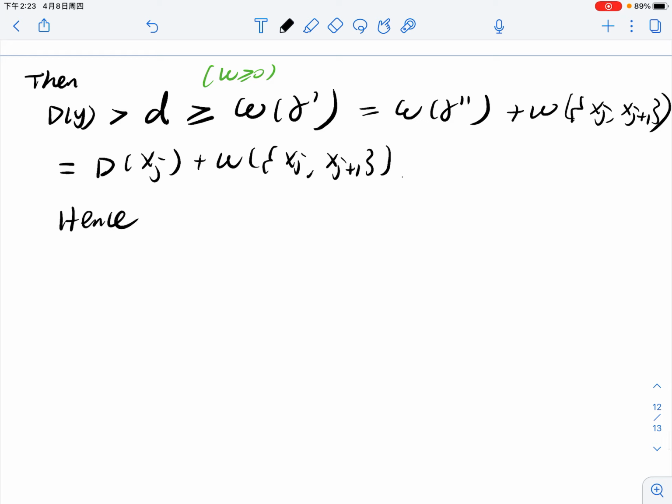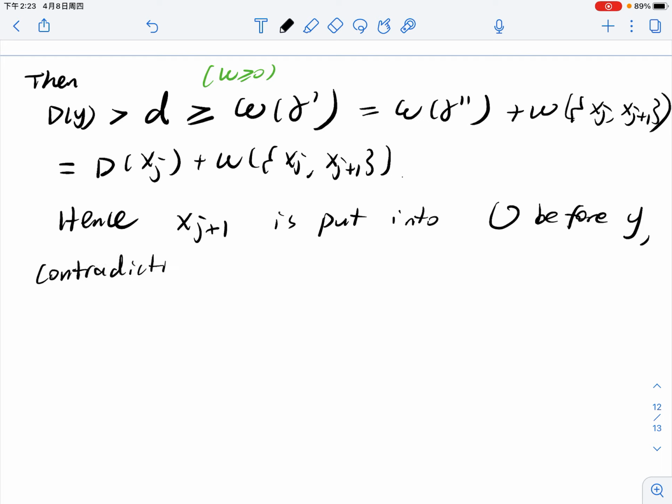Then what's the problem? Hence, x_{j+1} is put into U before y, which contradicts our choice.